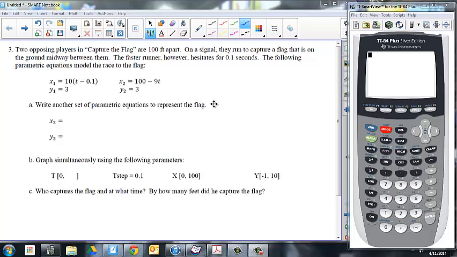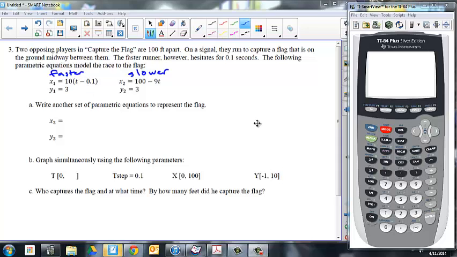The question we want to make sure we understand is which one of these two is the faster runner? This doesn't exactly give us the speeds, but you can figure it out. This first runner, x1, is the faster runner, and that leaves x2 to be the slower runner. I can tell that because the delay of a tenth of a second was the faster runner.